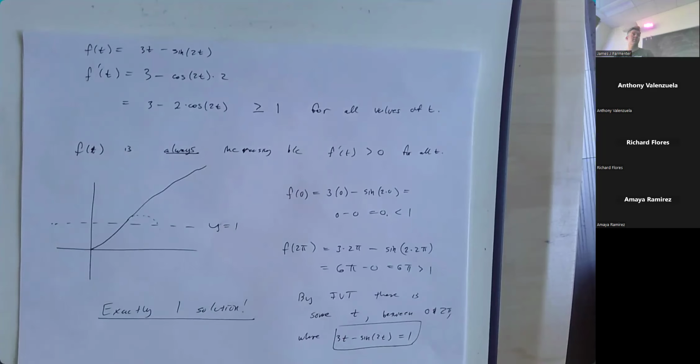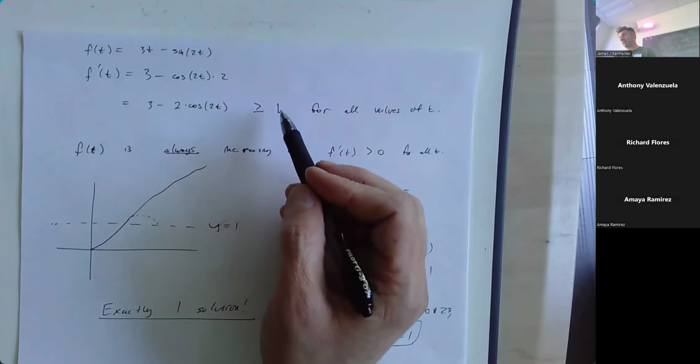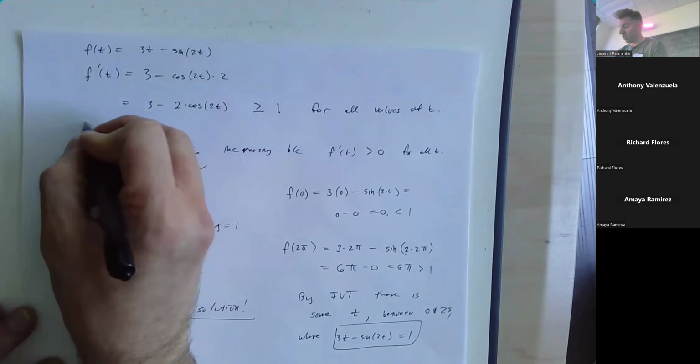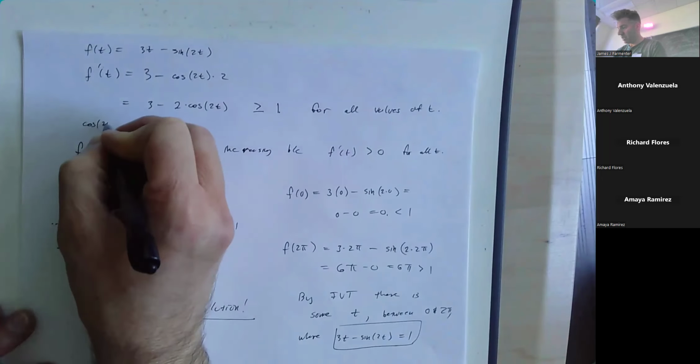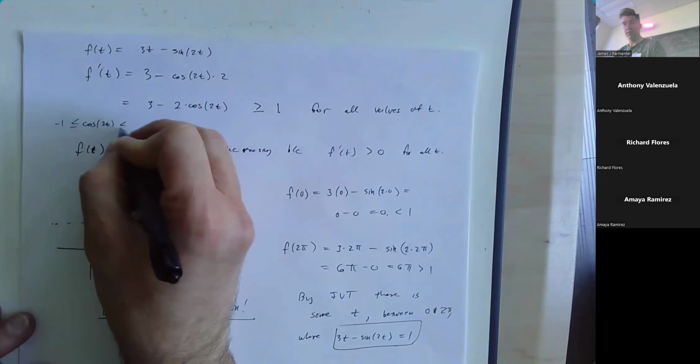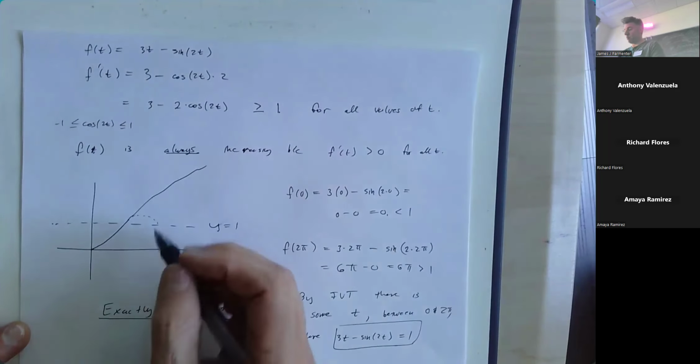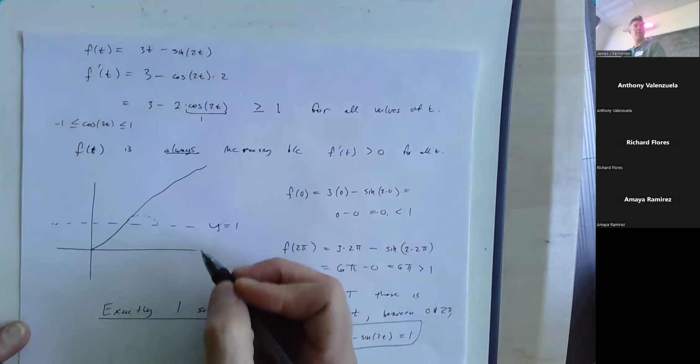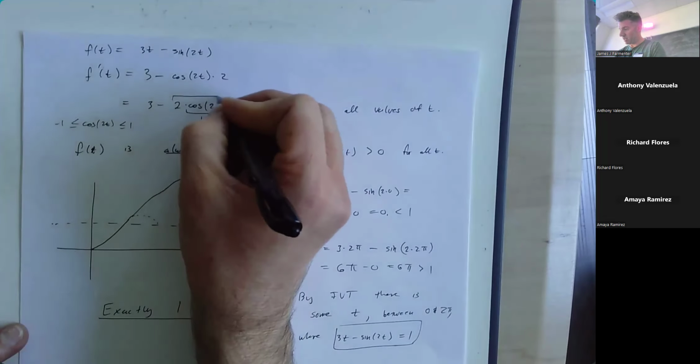Is the 1 different when we use greater than or equal to 1, or is it happenstance? Like, can I just say derivative greater than or equal to 1? This one here is specifically because we know that cosine of 2t is always between -1 and 1. So the biggest this could be is 1, meaning the biggest this could be is 2.